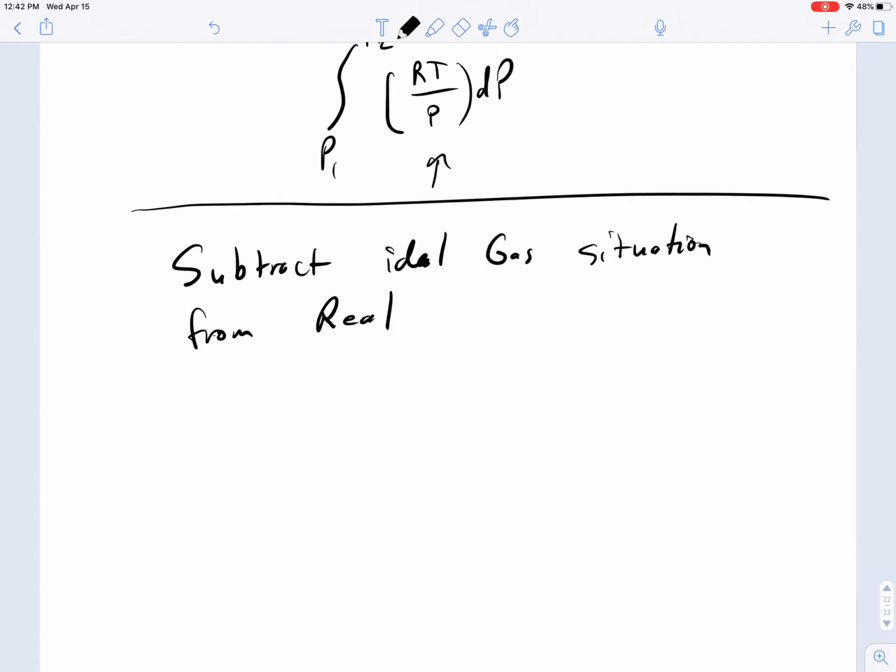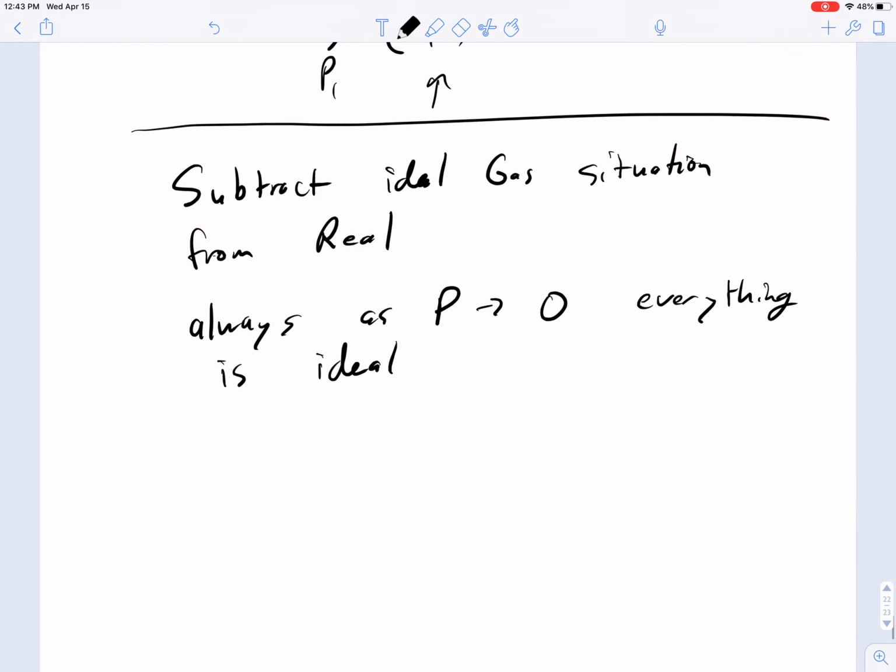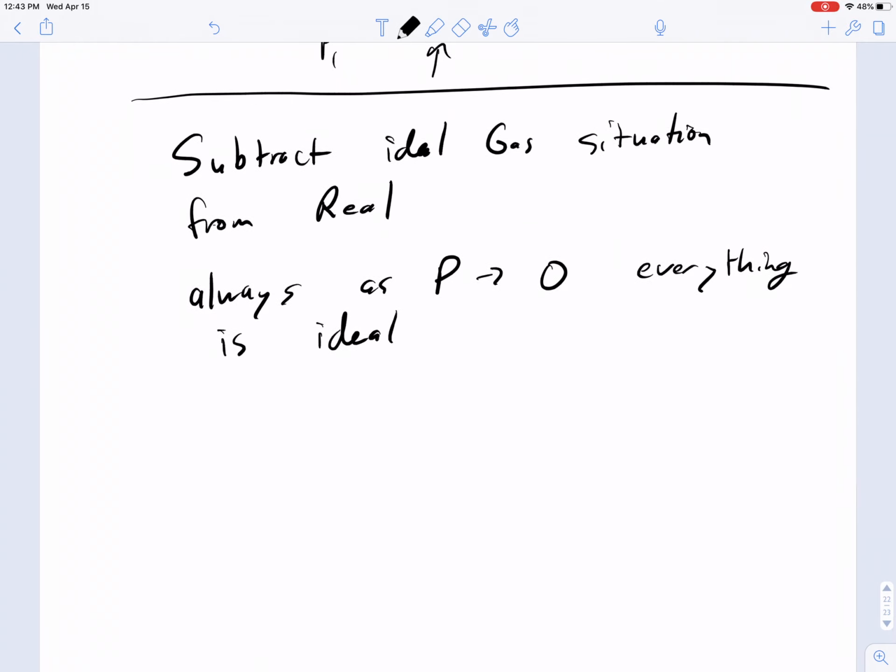Recall, always, as P approaches 0, everything is ideal, because as P goes to 0, there's no interactions between the molecules that cause them to stick to each other. So we have this one additional help that's going to lead us onto our equation for fugacity. The Gibbs free energy of the real material at temperature, pressure equals 0 minus the Gibbs free energy of an ideal gas at temperature, pressure equals 0.